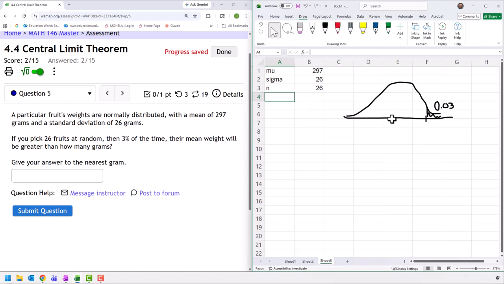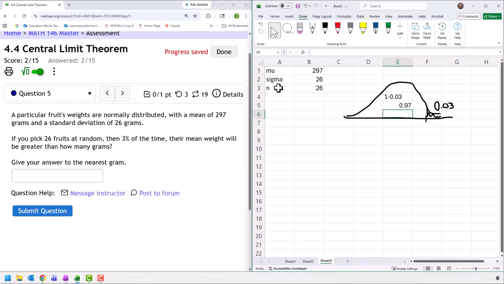So we need to know this area to the left, or we need to use the complement, like 1 minus 0.03. If we got 3% to the right, then this is going to be 0.97 for the area to the left.